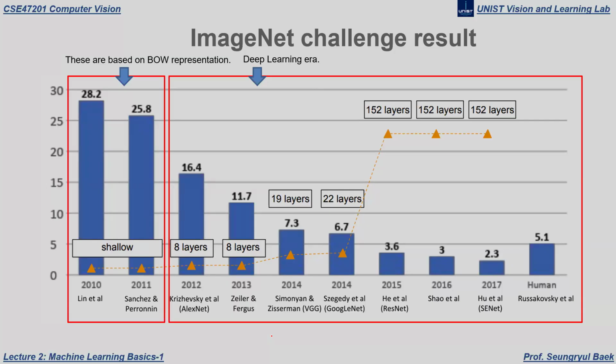So during this lecture, we will learn about these early algorithms right before deep learning, okay? And after that, we will learn about deep learning algorithms and also review AlexNet, VGGNet, GoogleNet, ResNet, okay? We will see their detailed architectures, okay?